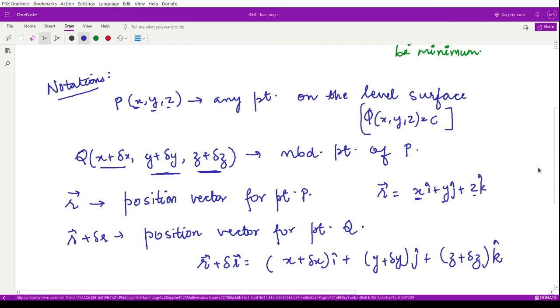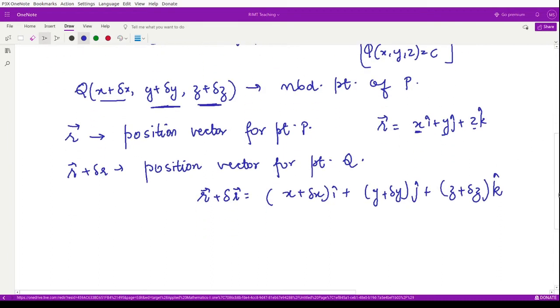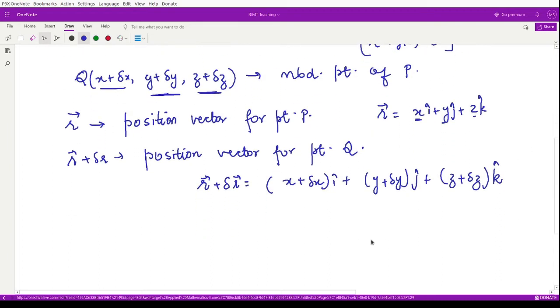So this is the vector that you will obtain for point Q. Suppose this is our level curve. On this curve we have this point P and this point Q, and this is some origin. The position vector of P is represented by r, and the position vector of Q is represented by r plus del r. So what would be the vector PQ?